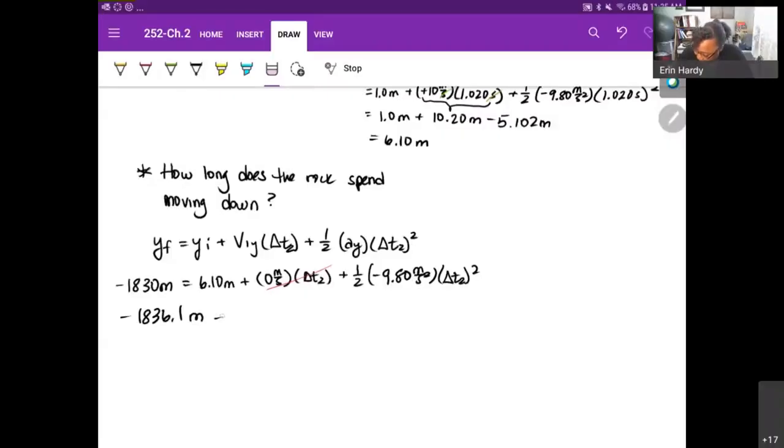I can divide that by, well, let me leave the negative where it was. So divided by 1/2 times negative 9.80 meters per second squared. Then take a square root of that. That's going to give me delta t2.